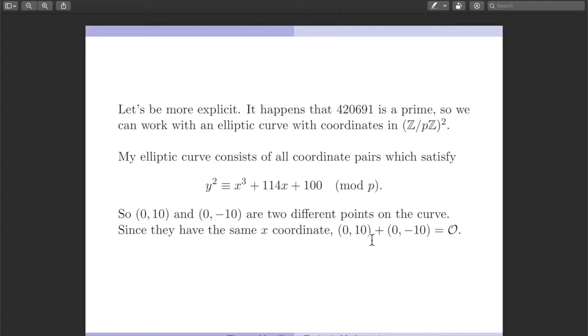Be careful that this addition right here is my group operation on elliptic curves, where I have two different points. To add them together, I think about drawing a line and where they would meet. Because the line between these two points would be vertical, I get my identity element.